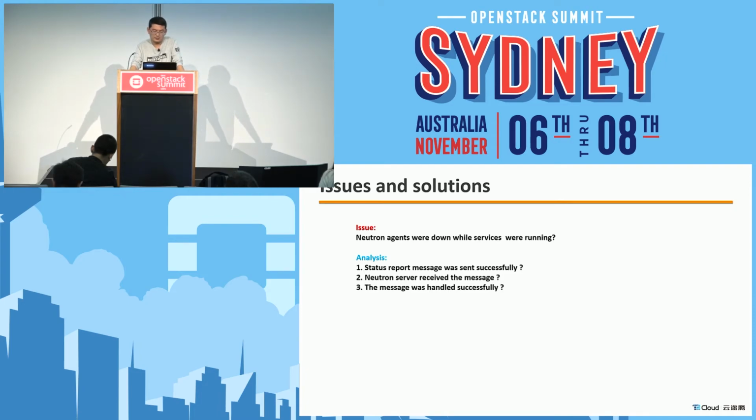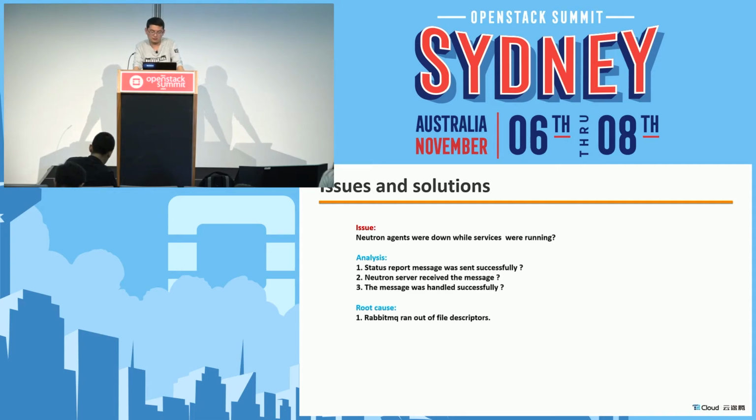So the problem is, were the report messages sent successfully? Did neutron server receive the message? And were the messages handled successfully? We checked neutron agent's log and found that they could not connect to RabbitMQ.